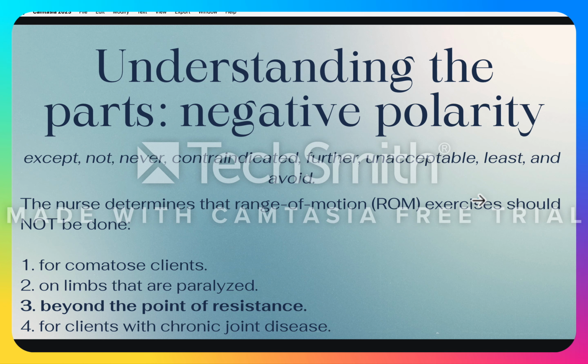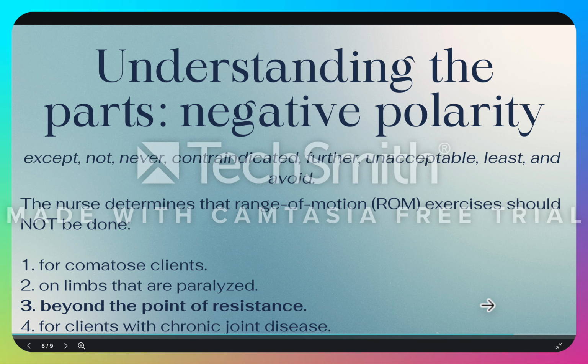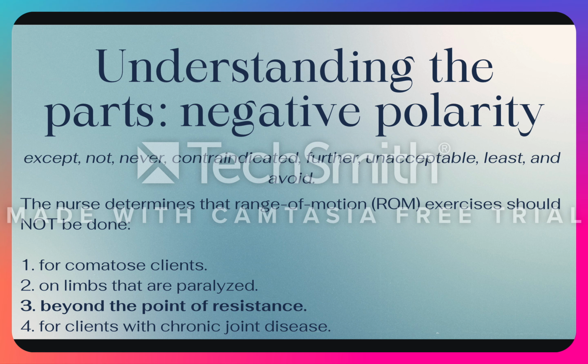Then we have negative polarity questions. These questions are going to have some keywords in them that are going to tell us that we are looking for the thing that should not be done or should be avoided or whatever. And it's going to have keywords like except, not, never, contraindicated, further, unacceptable, least, and avoid. And there's a lot more, but these are the common ones.